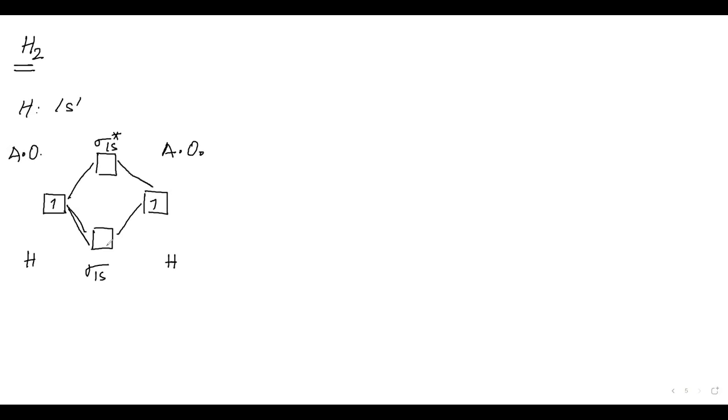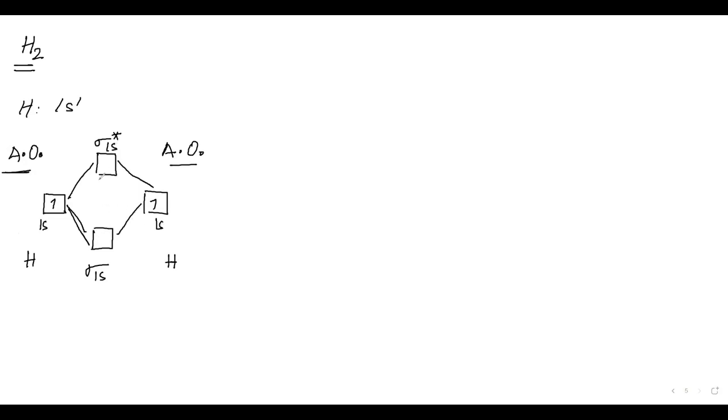Okay. Now you tell me how many electrons are there in total? Two atoms, each with one electron. Now the electrons will go from atomic orbital to molecular orbital, correct?